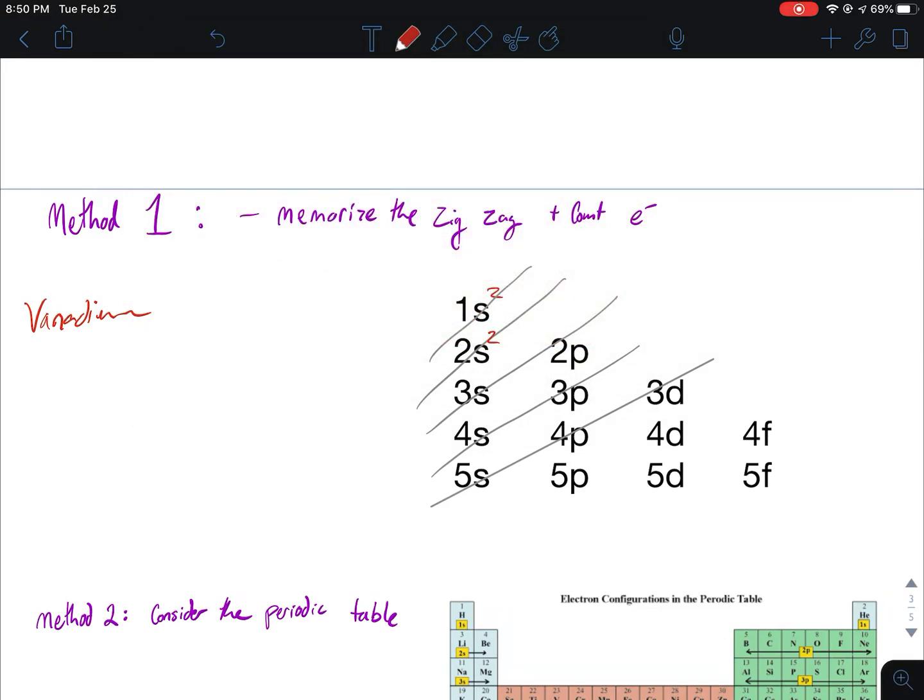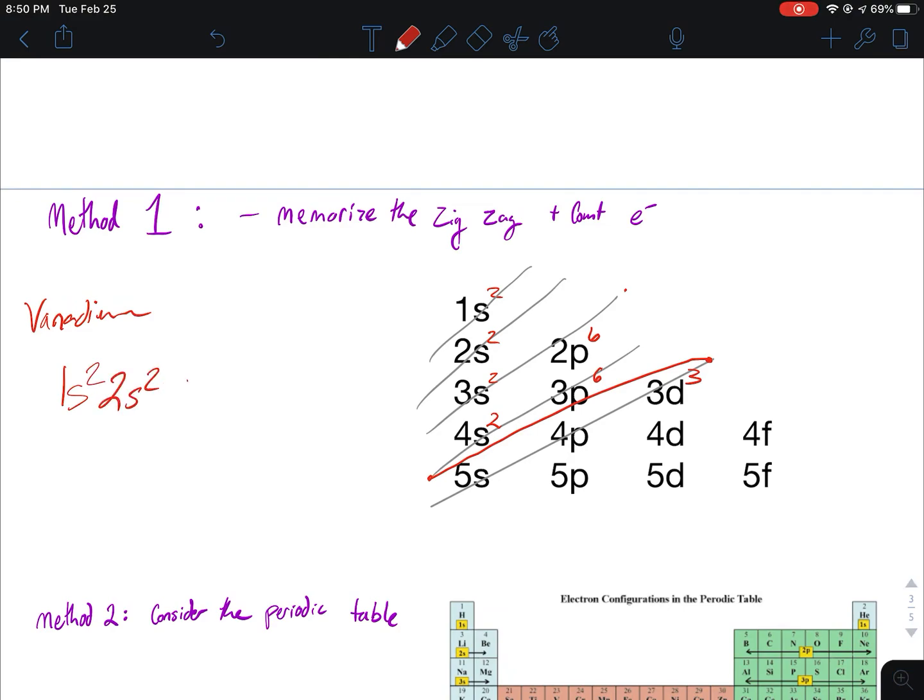So we go 2, 4, then I go back up to here. 4, I can put up to 6 in a p. So 4, 10, 12, go back up. 12, 18, 20, and then from here you go all the way back to here, 20, and then there's my last 3. So then I just add them up together.